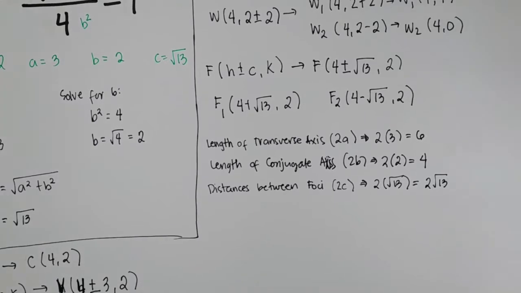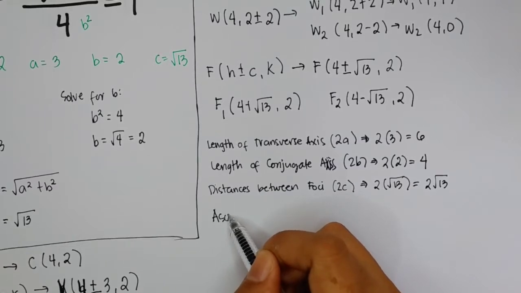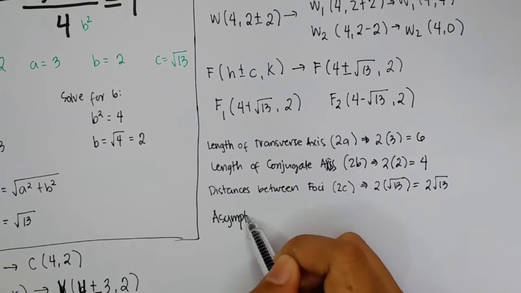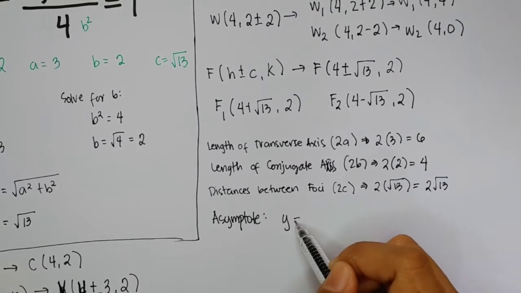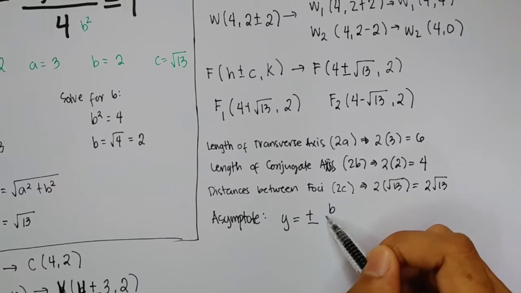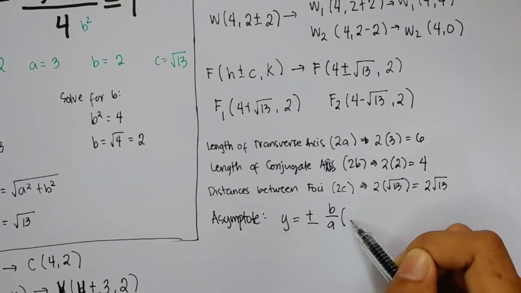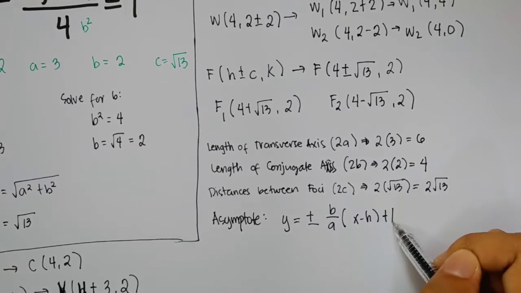Wait, I forgot something. We have here our asymptotes. Okay, ito yung pinaka-important is hyperbola pala. We have here our asymptotes. So, asymptotes natin, that is y is equal to plus minus b over a times (x minus h) plus k.